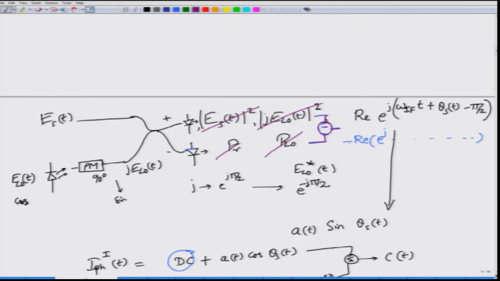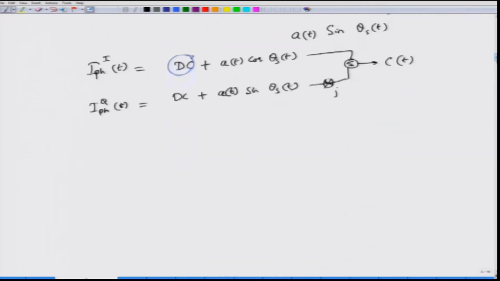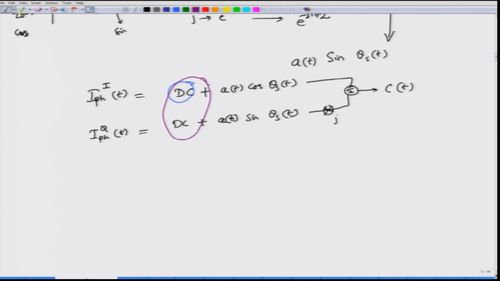So, this becomes double. There is already a half sitting there, so that half will cancel, but essentially the point here is that we have eliminated DC signals. So, I do not have to retain the DC signals for my in phase and quadrature components. I will directly be able to obtain the in phase as well as quadrature components without having to deal with the DC problem.